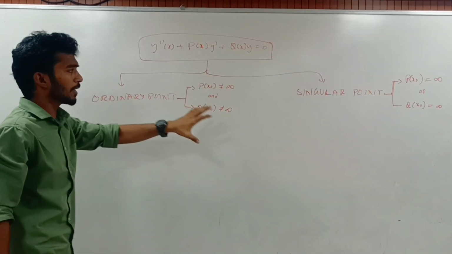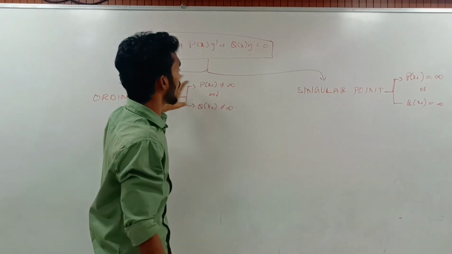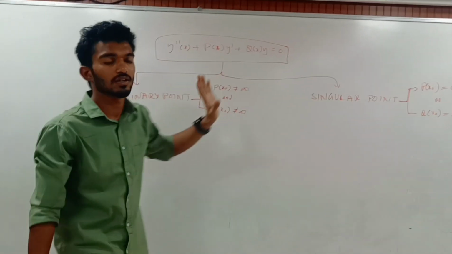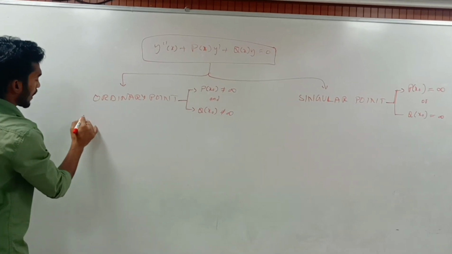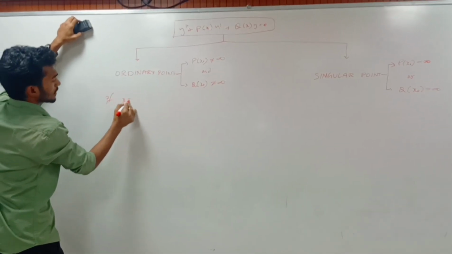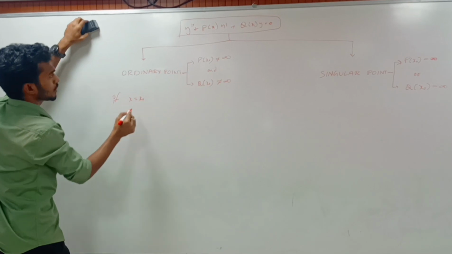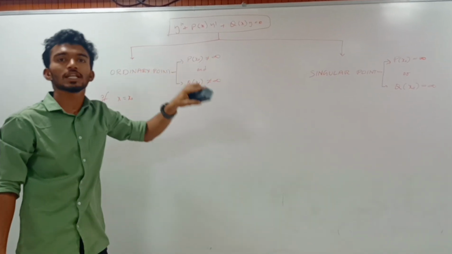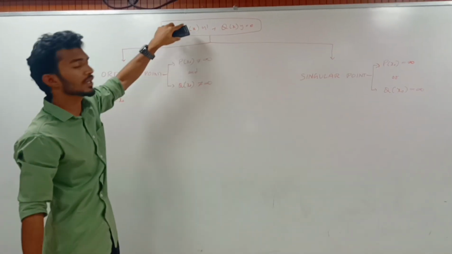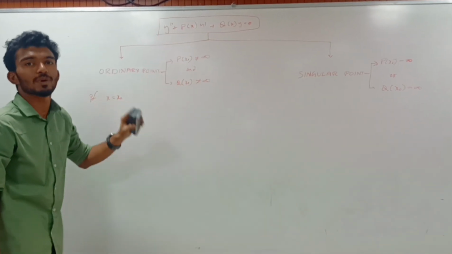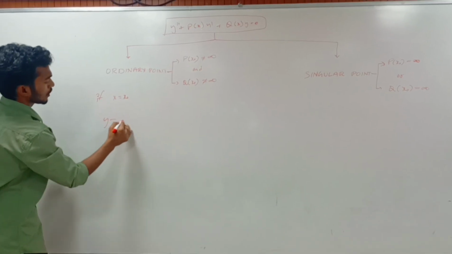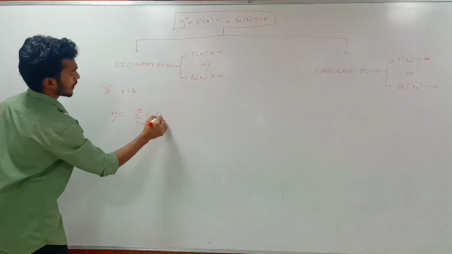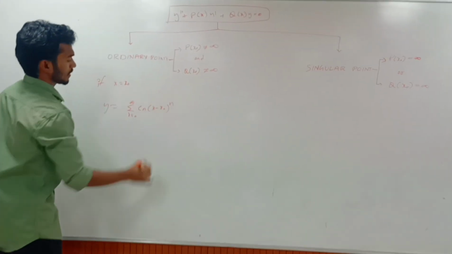Okay, right? And what is the purpose of finding the ordinary point and singular point of the given equation? The reason is, if x = x₀ is an ordinary point of the given differential equation, then there exist two linearly independent solutions in the form of a power series, y = Σ (n = 0 to ∞) cₙ (x − x₀)ⁿ.